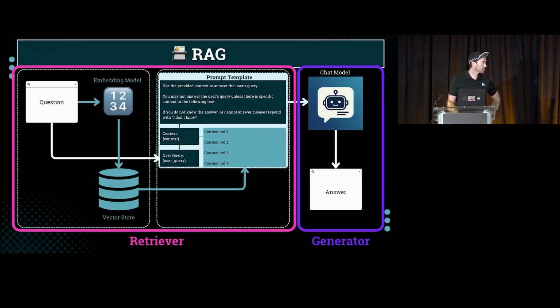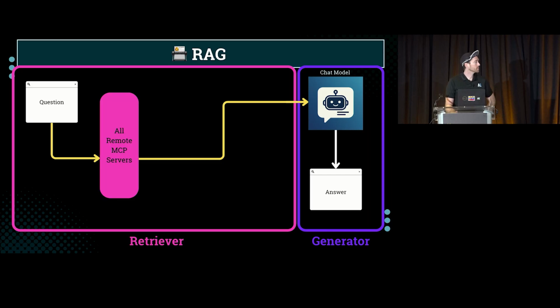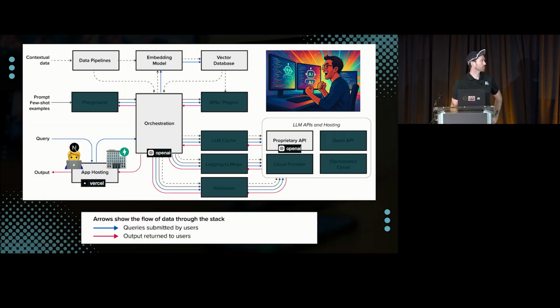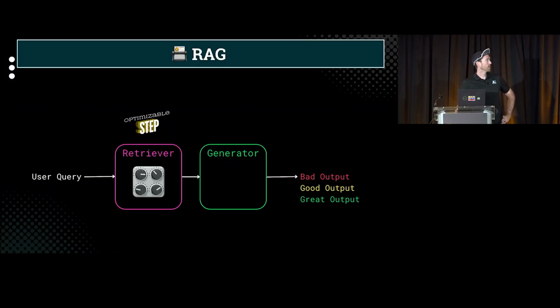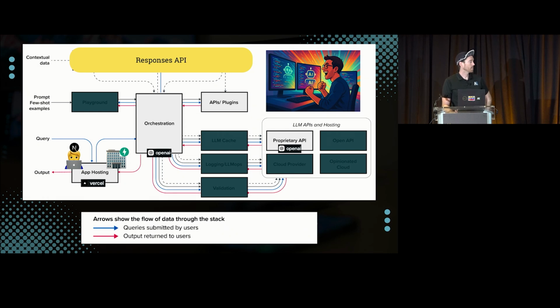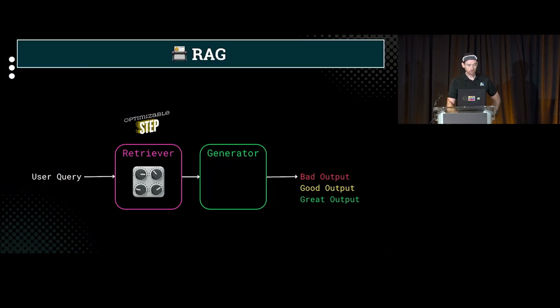We can connect users to the data they need. We don't actually need to do RAG. We can do Responses API, file search, remote MCP servers. RAG kind of comes in up here, as we talked about, right? Data coming in, embedding models, vector DBs, all that's dope. Responses API, got your back. We can also optimize access to tools.